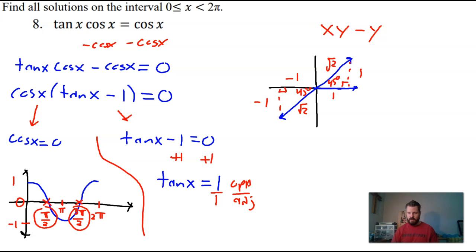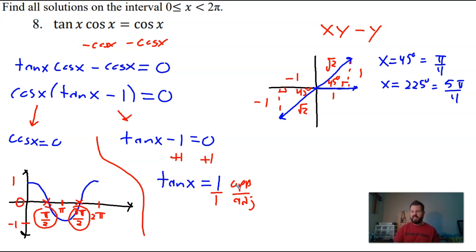So we could say our x is equal to 45 degrees, or pi over 4. And also x equals 45 past 180, which would be 225. Or if I'm pi over 4 past pi, it would be 5 pi over 4.